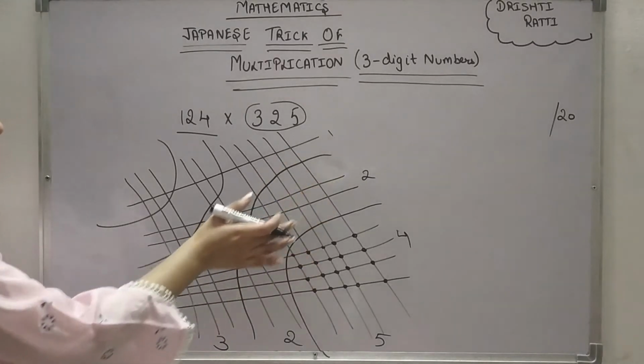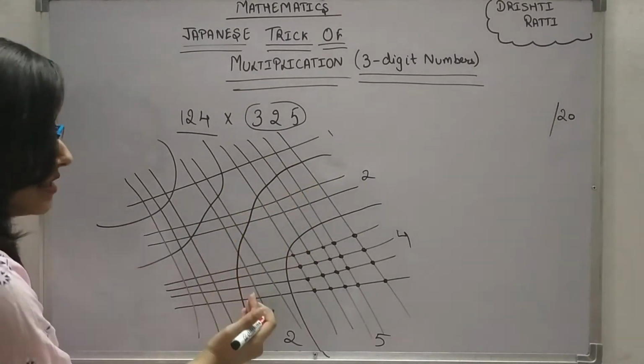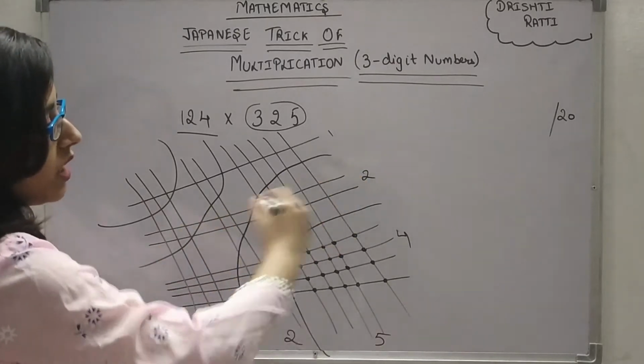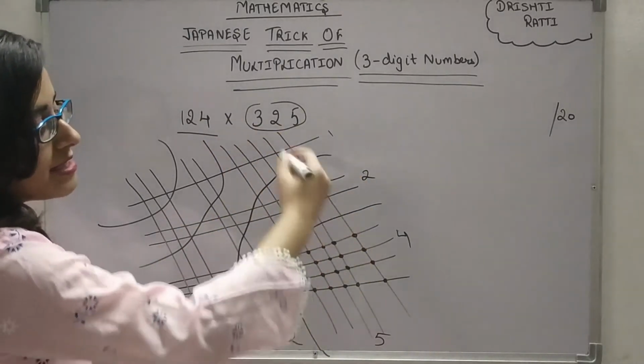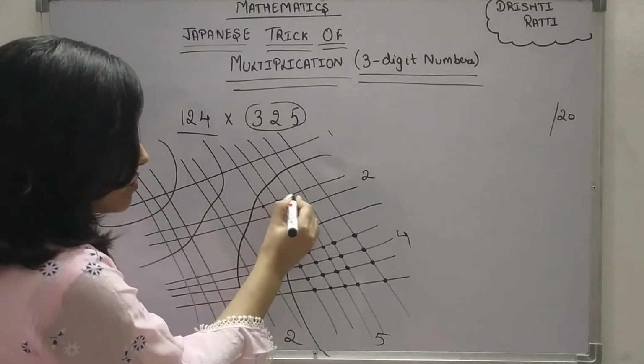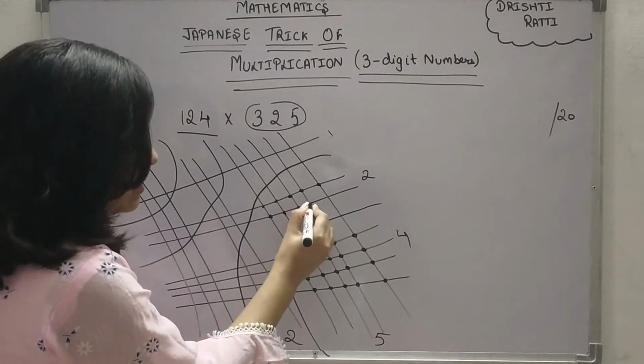Next, let us move to this portion. Count the intersecting points, add the intersecting points and write the answer over there. So it is basically, you can see 2 lines this way, 5 lines this way. It is 10. You can see 1, 2, 3, 4, 5, 6, 7, 8, 9 and 10.